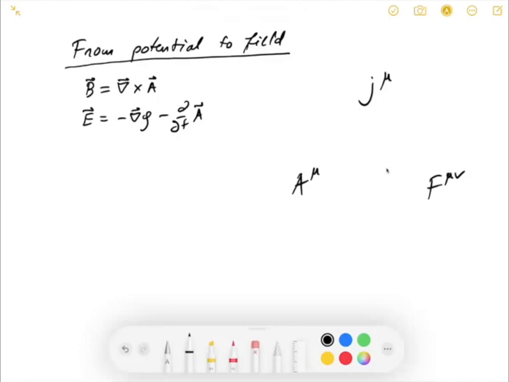To go from the field tensor to the current is a differential equation that says that del nu F mu nu is minus 4 pi j mu. We can go from here to there by taking del nu del nu A mu, actually, let me do that in different colors and give me more space.